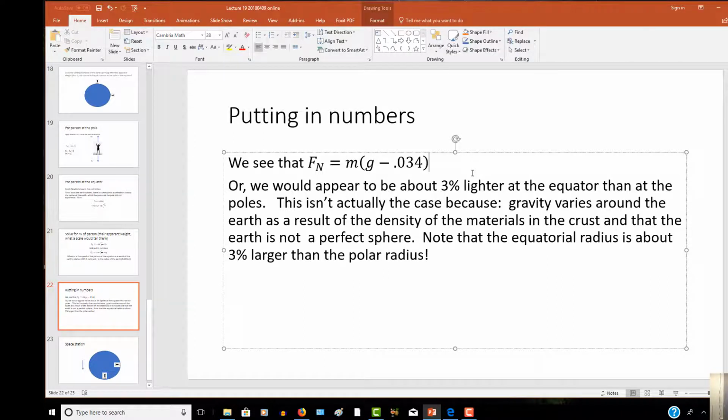It's something that we can use to explain certain things, but we can use the centripetal force to explain the same things. So in this case, we're using the centripetal force, and that gives us this result here, telling us that at the equator, a person will appear to weigh slightly less, and so will the crust of the Earth, which is why the crust of the Earth bulges outwards slightly at the equator as compared to the poles.